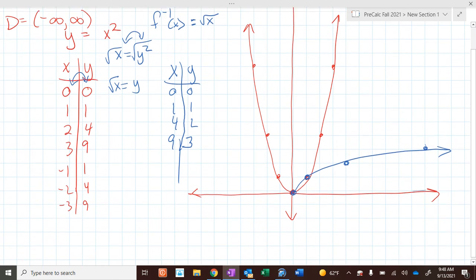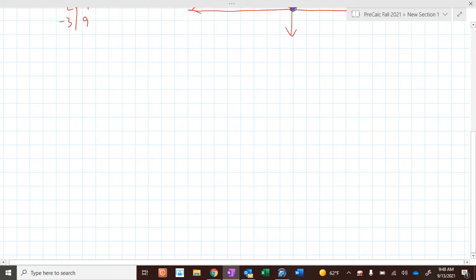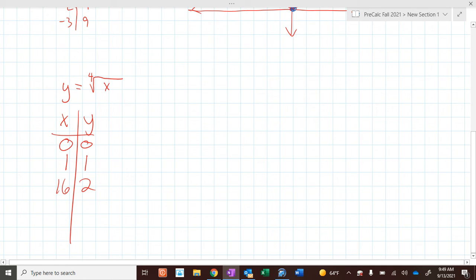So let's say you started out with like y equals the fourth root of x, okay? So the fourth root of 0 is 0. The fourth root of 1 is 1. The fourth root of, let's say, 16 is 2. And that's all the further we're going to go. Okay? So if we look at this, this is our original function.